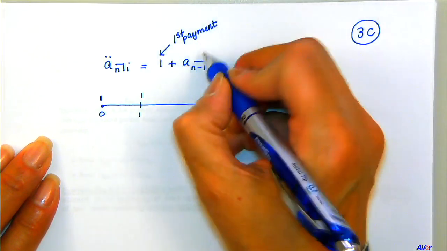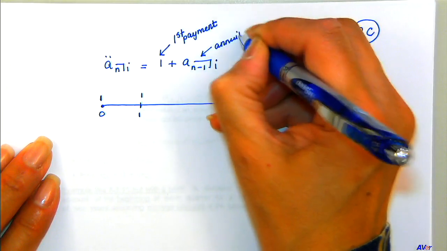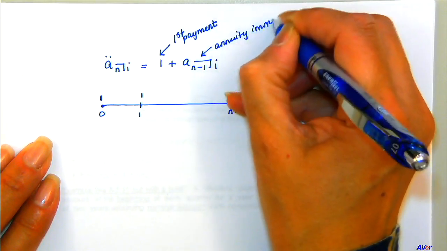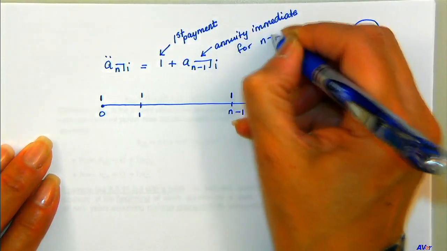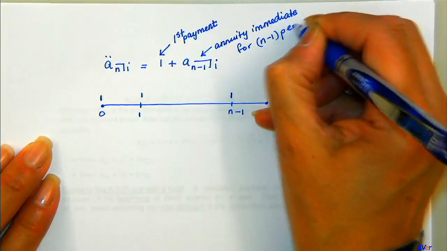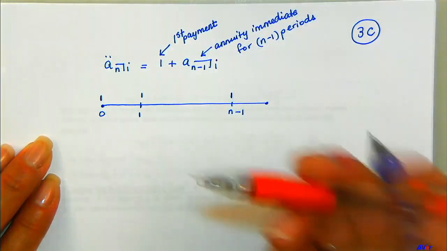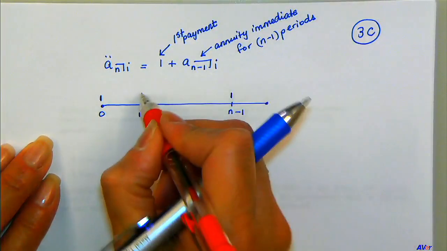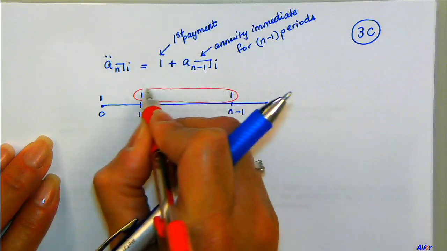And then this is an annuity immediate for n minus 1 periods, meaning these guys.